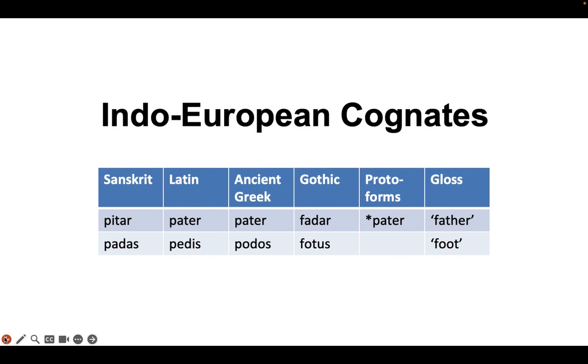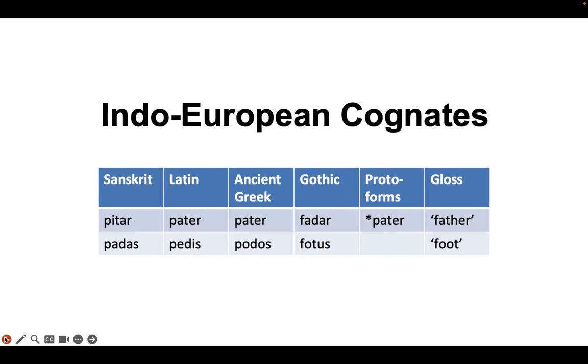However, the majority principle tells us that if we find a certain sound in the majority of the cognates, that was more likely the sound that was in the protoform. And we do see only in one of these cognates is the sound t, and in all but one of them we have the sound d. So we can guess it's more likely that the protoform had the voiced sound d.